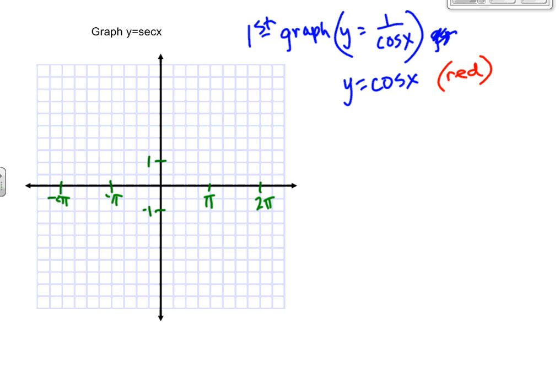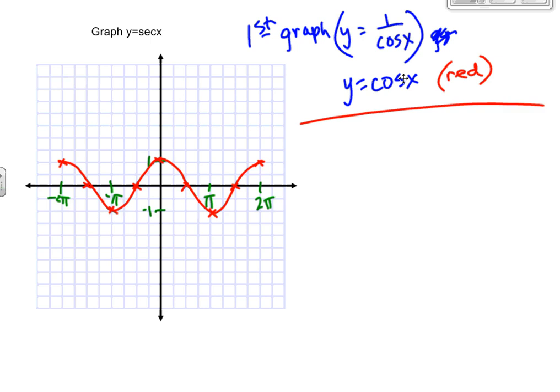It starts at its maximum, the middle, the minimum, the middle, the maximum, and then we can backtrack the middle, the minimum, the middle, and the maximum. And then we can just draw in that cosine curve. So that's our first graph.